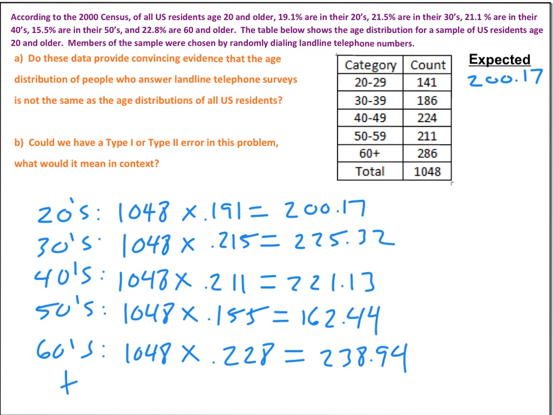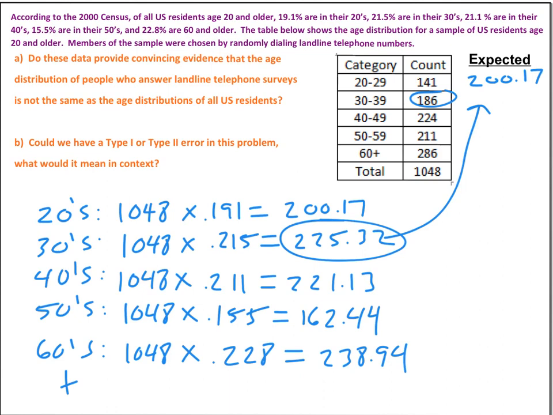Right? So these could be, I'm not going to write them all again up here, but like 225 would get compared to 186. So for each category, we now have an observed count that was actually collected in terms of data, and we have this expected, okay?